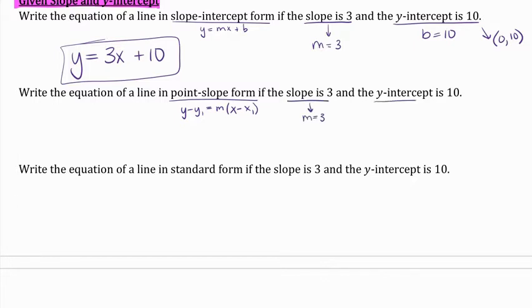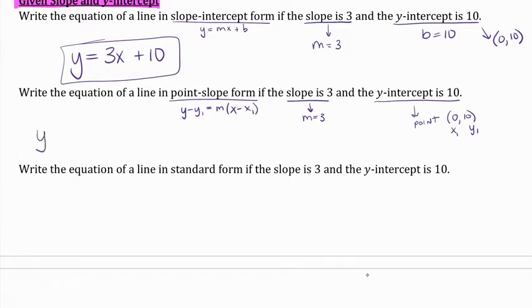And I have this y-intercept, which we know is b from the first way we did it, but this time I want it as a point. The coordinates of that point are 0 for the x and 10 for the y. So x1 is 0 and y1 is 10. Now I have all I need to plug in.